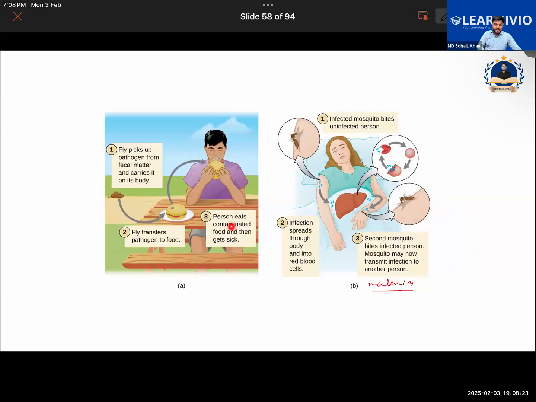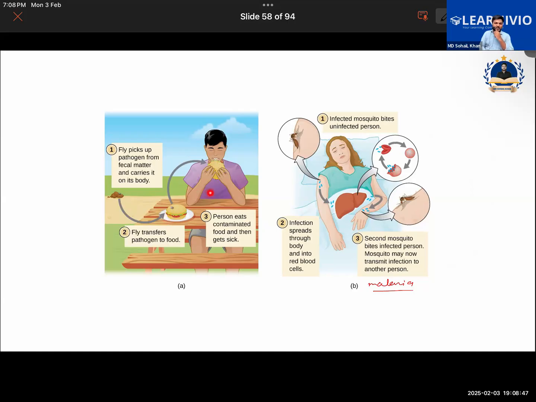Also, you can see how communicable diseases transmit from one place to another. As flies sit on human fecal matter or animal fecal matter, pathogens from the fecal matter are carried onto the body of the fly, and when it sits on the food, the pathogens from its body are transferred to the food.